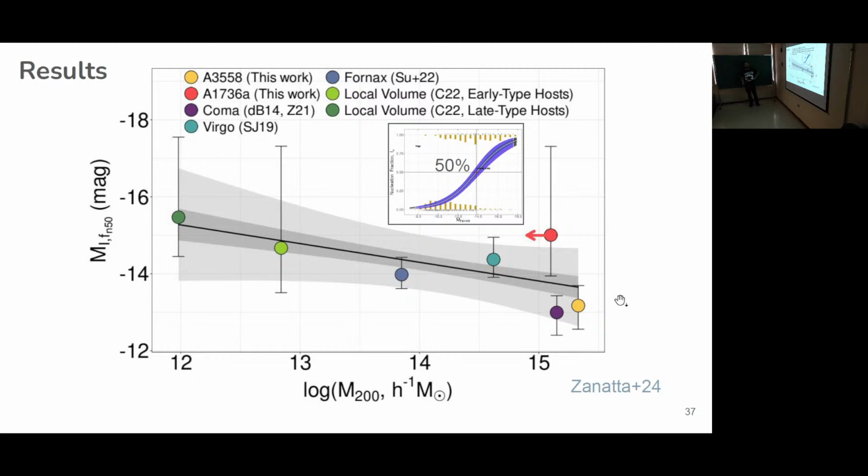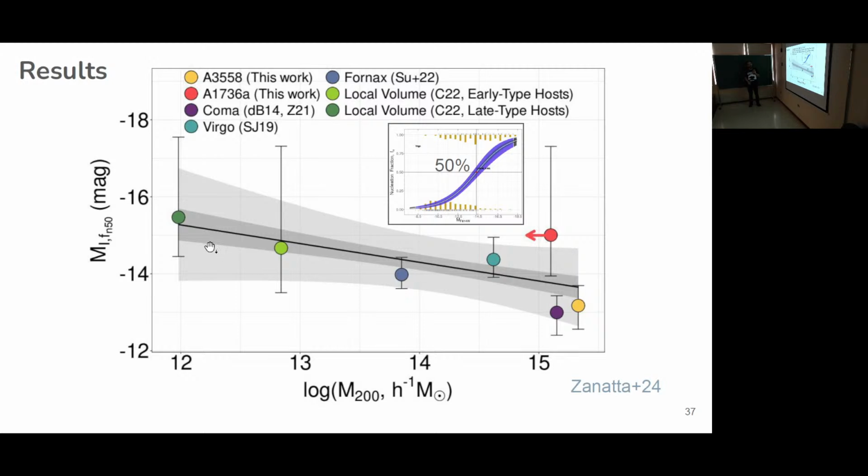And another thing that was interesting about this diagram is that in this work, unfortunately, for A1736A, we didn't have the estimated halo mass for this subcomponent of the cluster. In the literature, we only had the estimated halo mass for the whole A1736 cluster. So we knew for a fact that this estimated halo mass was an overestimation for this environment.